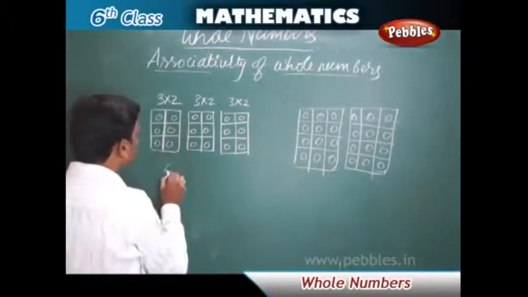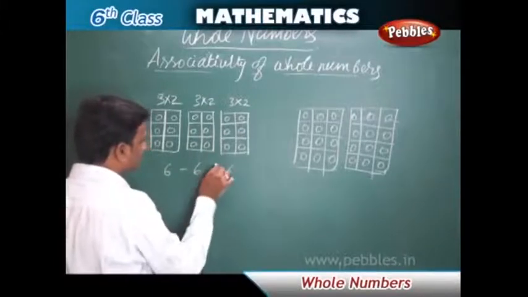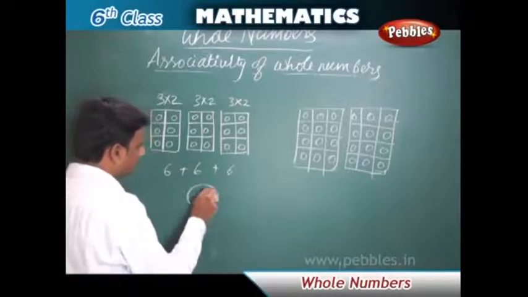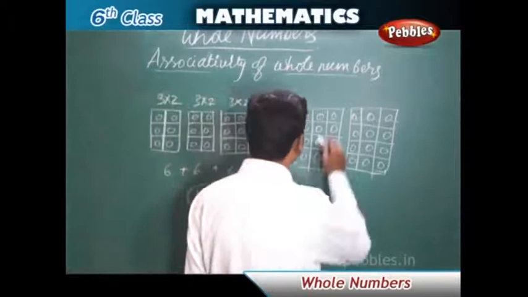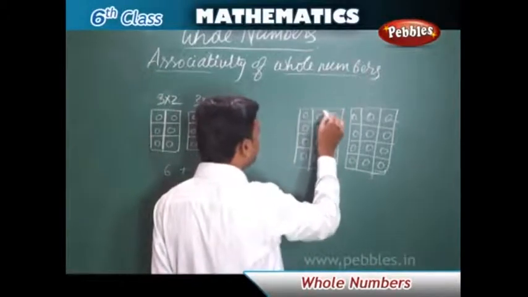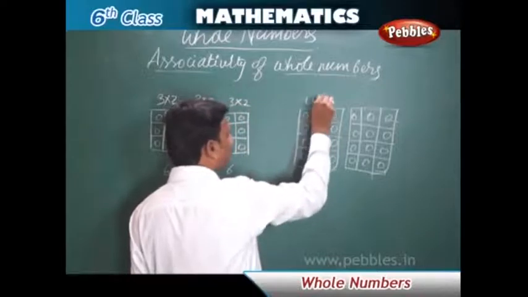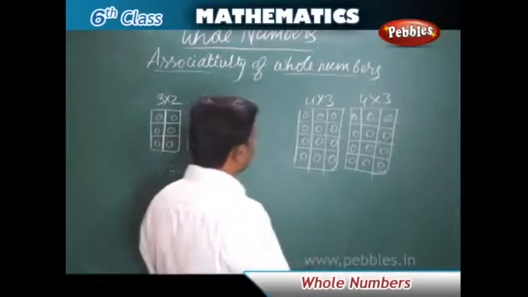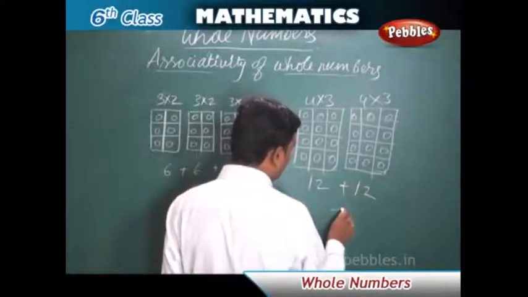So 3 twos are 6, 3 twos are 6, 3 twos are 6, 6 plus 6, 12 plus 6, 18. Here, if you look, it is the same but in a different pattern, 3 columns, each with 4. So we write 4 into 3 and 4 into 3. 4 threes are 12, 4 threes are 12. So 24.